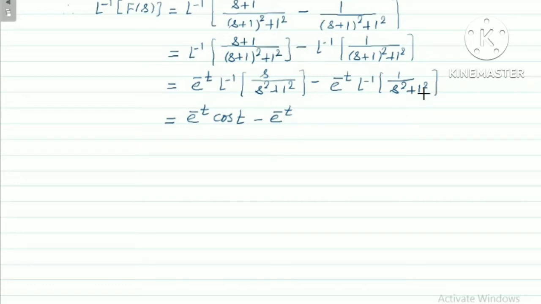But a is 1, so there is no need to write 1 upon a, so just write down sin t. So e raised to minus t is there, so just take it outside: e raised to minus t, cos t minus sin t. So this is your required inverse Laplace transform of the given function.